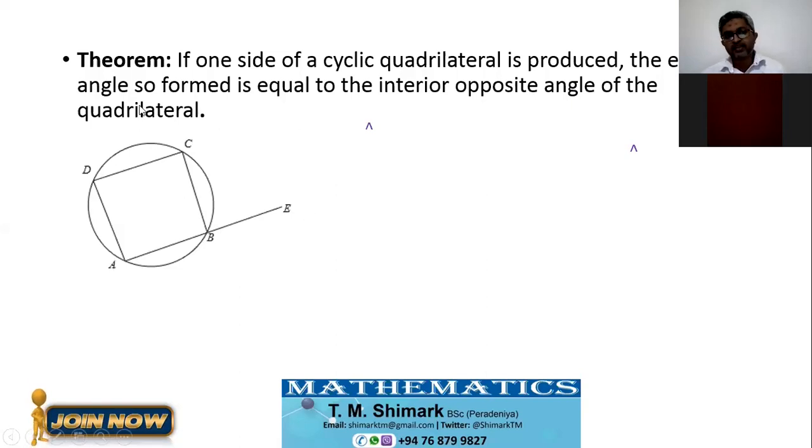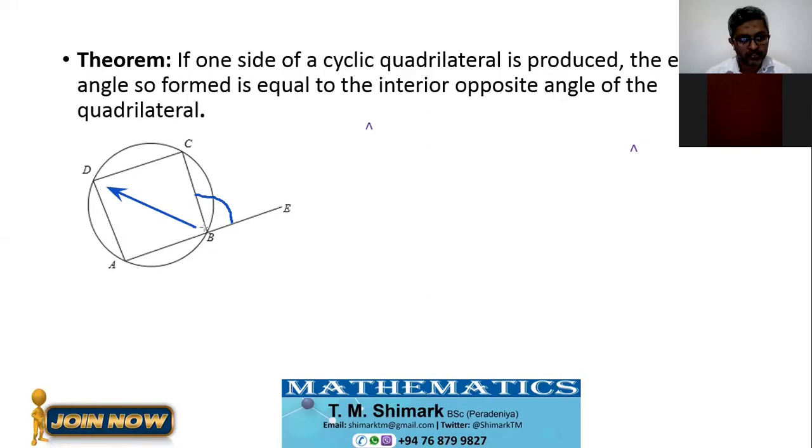The exterior angle so formed is equal to the interior opposite angle of the quadrilateral, right? The exterior angle, this guy, is equal to the interior opposite angle. The interior opposite angle is this one.